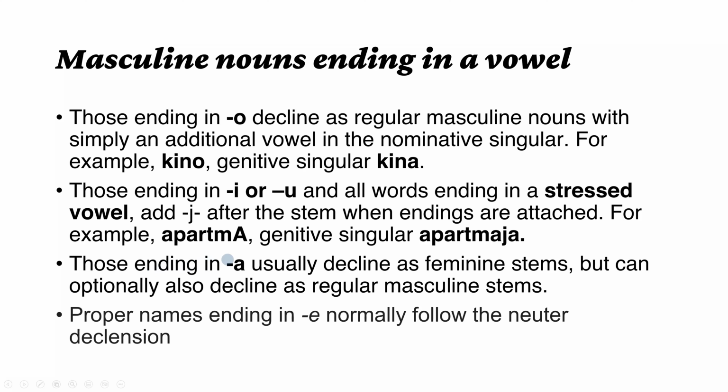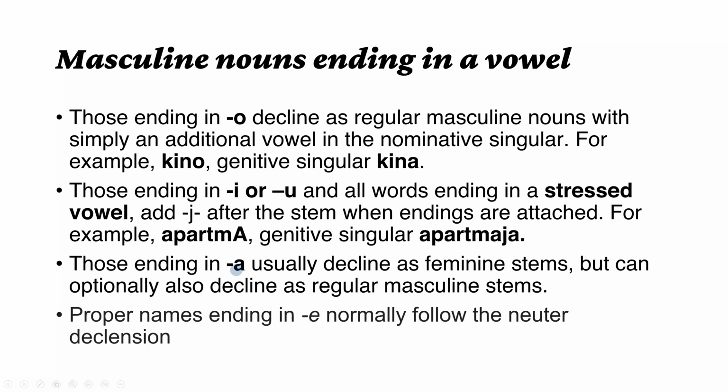Those ending in a usually decline as feminine stems, but can optionally also decline as regular masculine stems. Proper names ending in e normally follow the neuter declension. You may not know this, but there are exceptions to the gender rule of the nouns.